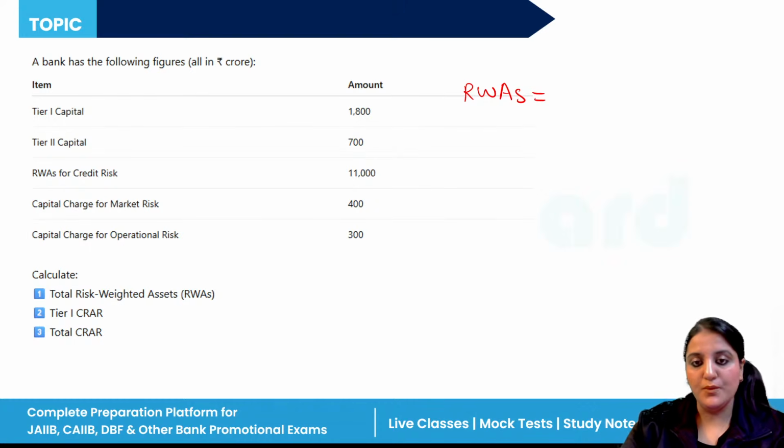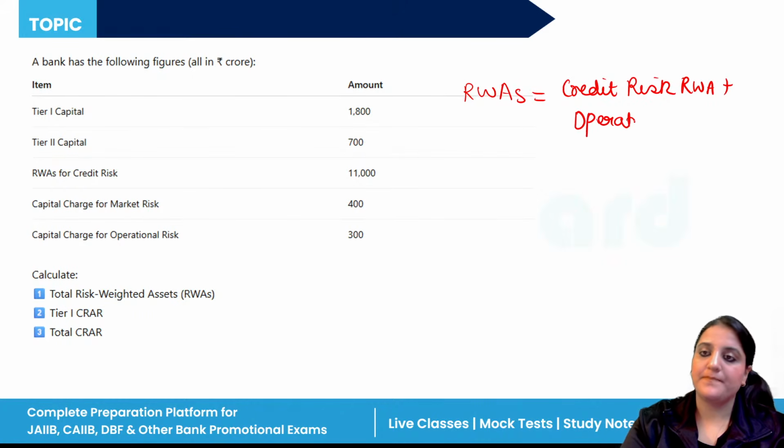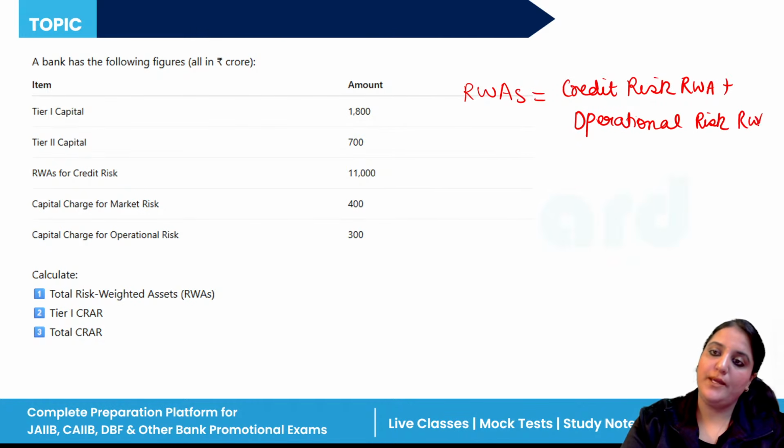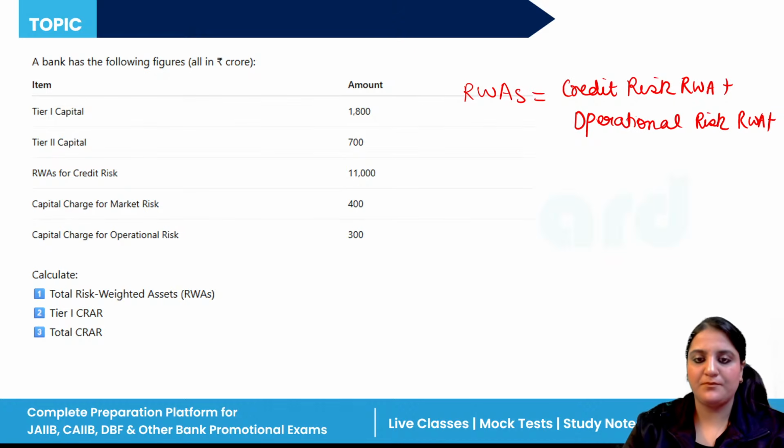This is equal to credit risk RWA, risk weight asset, plus operational risk RWA, plus our market risk RWA. Right, so we have to calculate it first.